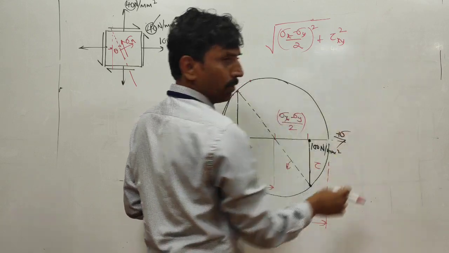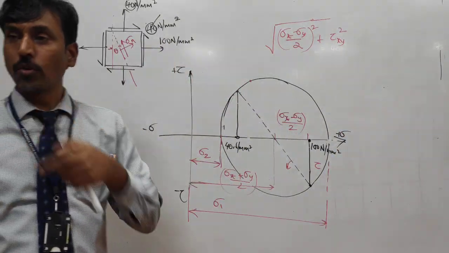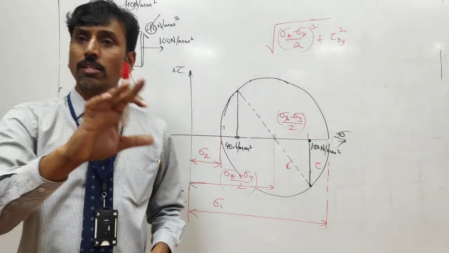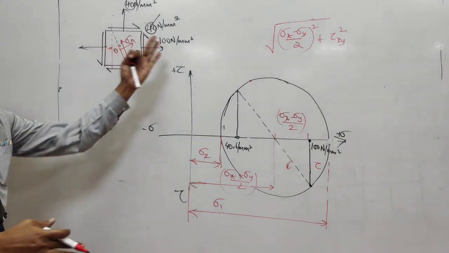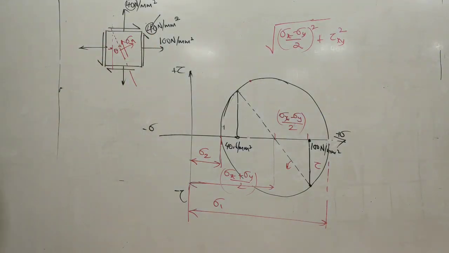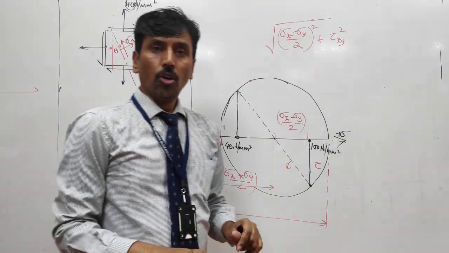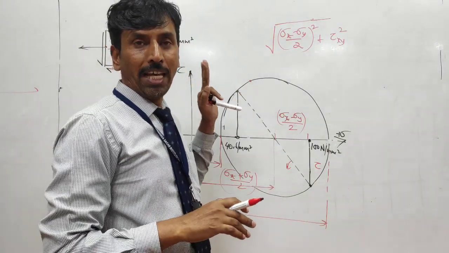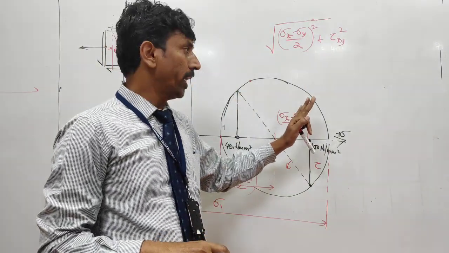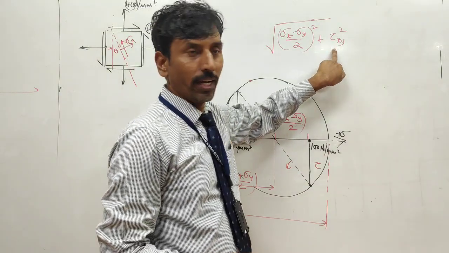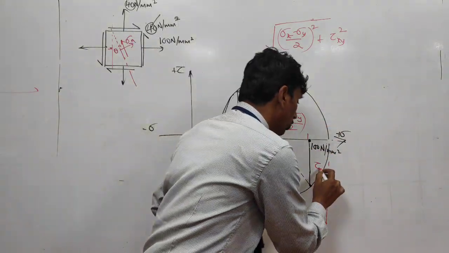People write it as tau xy because it is acting in the xy plane. All these numericals that we are solving are on a plane board. X-axis, y-axis, no z-axis. So we are only having planar stresses. So people write it as tau xy. They simply don't write it as tau.